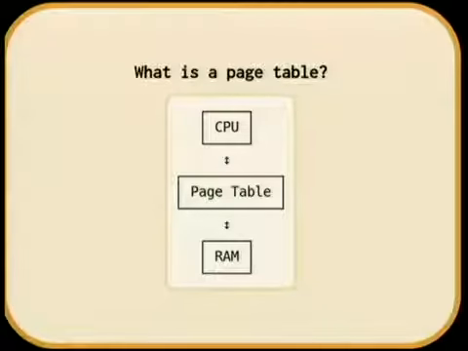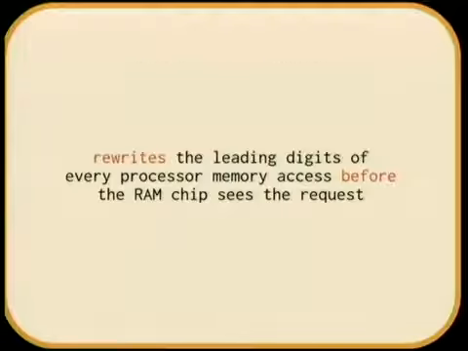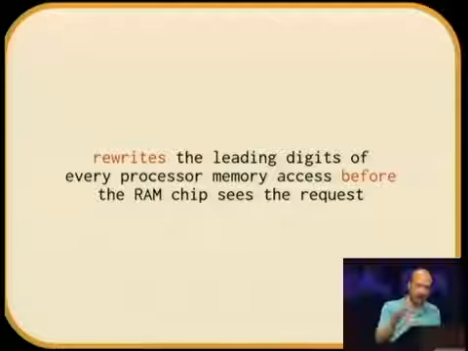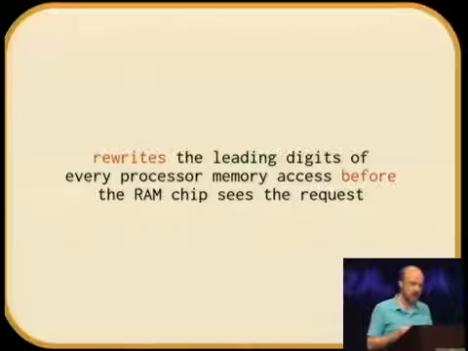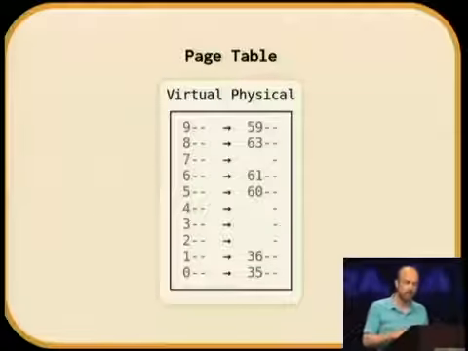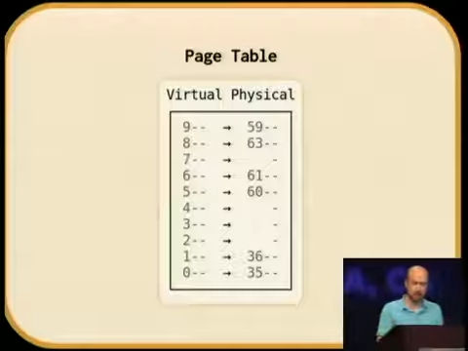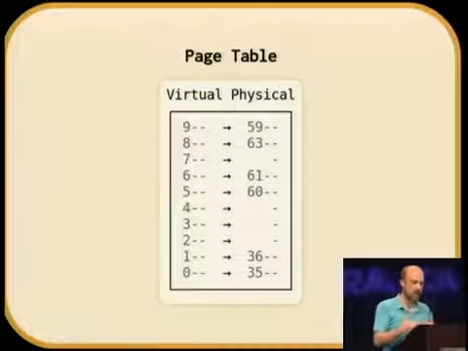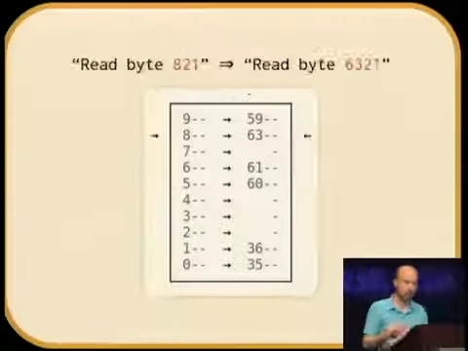Now, what is a page table? It sits in between the part of the CPU that runs your code and the RAM on your machine, and it rewrites the leading digits of every processor memory access before the RAM chip gets to see it. Here's an example. The addresses that your process asks for are called virtual, and the actual addresses delivered to RAM are called physical.